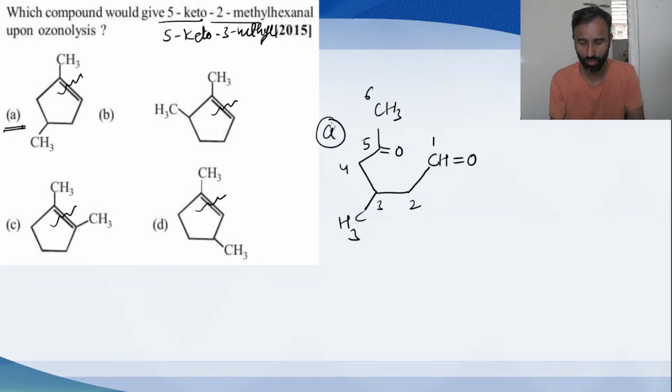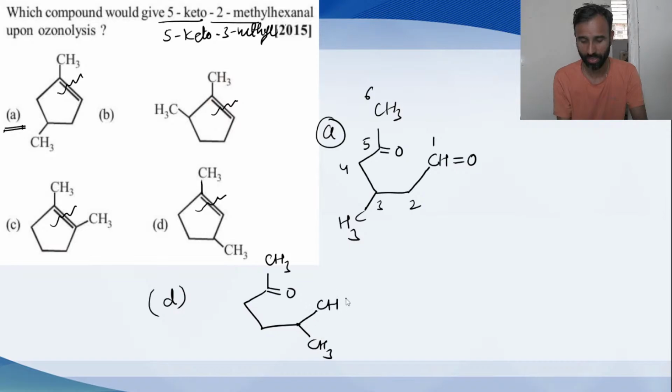This is the product of ozonolysis of A, and for D it is CH3, here the double bond, CH3, CHO. That is 1, 2, 3, 4, 5, 6. So it is 5-keto 2-methyl hexanal. That means D is the right option.